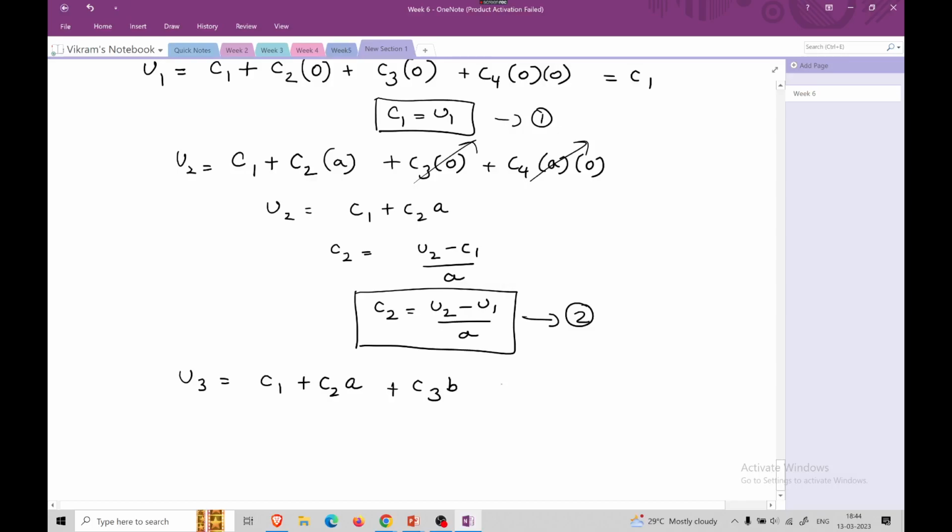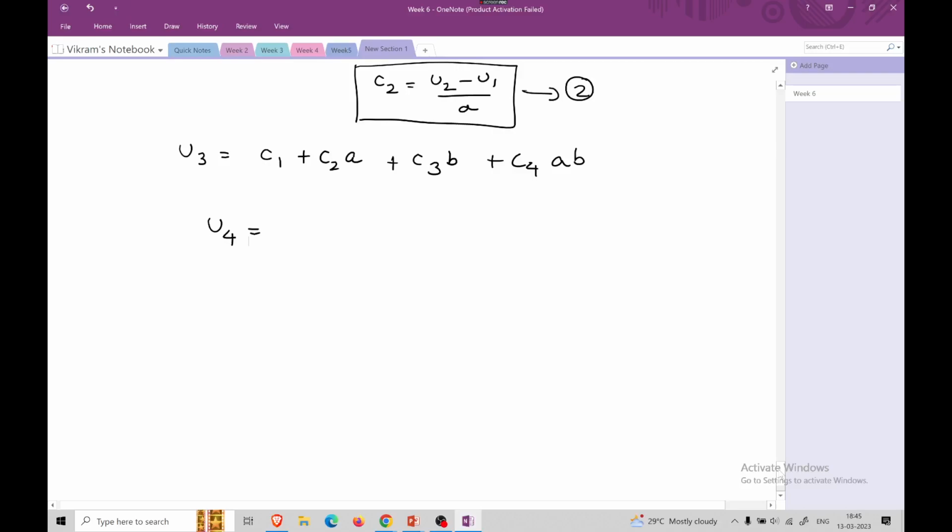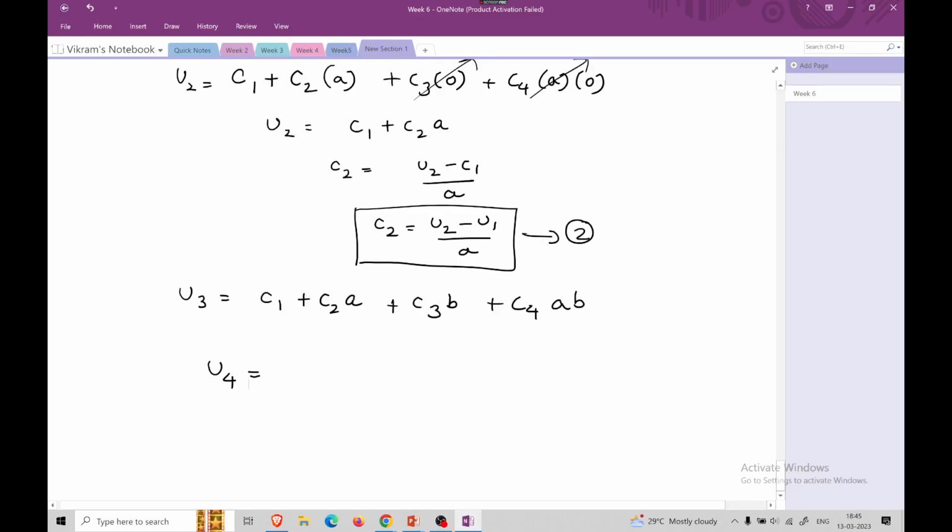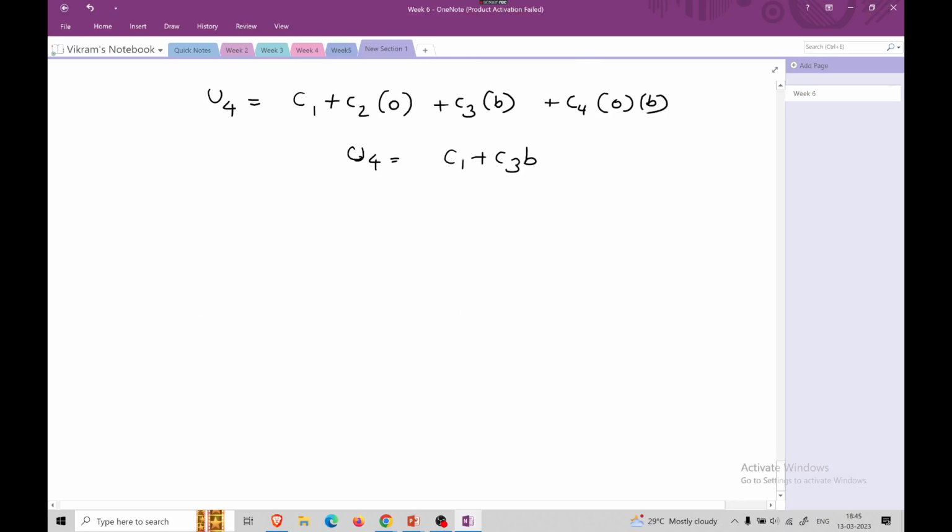I have to substitute 0 comma B, which means C1 plus C2 into 0 plus C3 into B plus C4 into 0 into B. So I can evaluate this: U4 is equal to C1 plus C3B. Correct? So C3 is equal to U4 minus C1 by B. C1 we already saw is U1, so you can simply write C3 as U4 minus U1 by B.